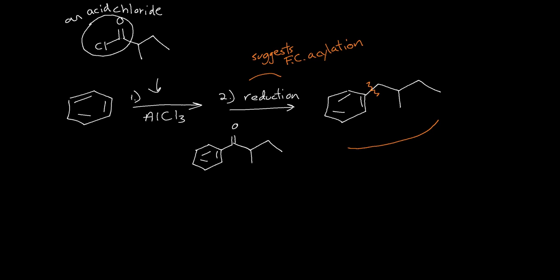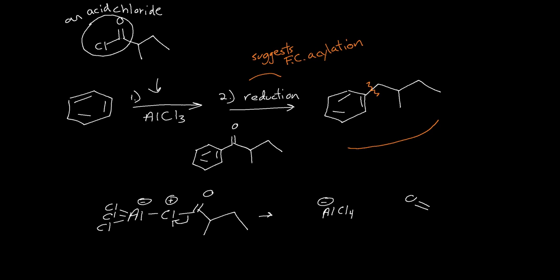That's the missing reagent. Remember, that forms a complex with the AlCl3, which then forms an acylium ion. There's our AlCl4 minus floating around, and the acylium ion, which should really be drawn linear, has a plus charge on the carbon.